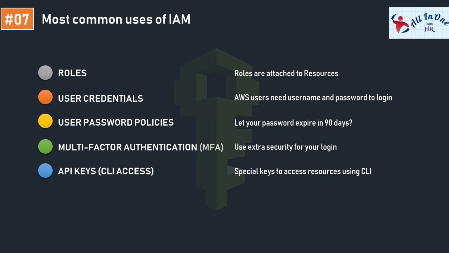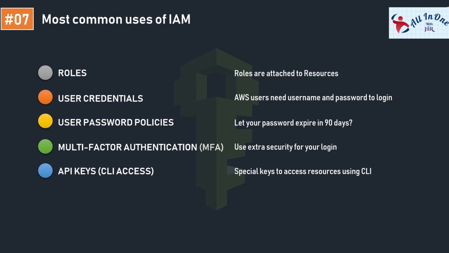Multi-factor authentication. It's like using an extra security for your login. Once you enter your username and password, it will ask you for a security token that you can get using any third-party application like Google Authenticator, and then you can enter that token in the login page, and it will allow you to log into the management console. And API keys or CLI keys.